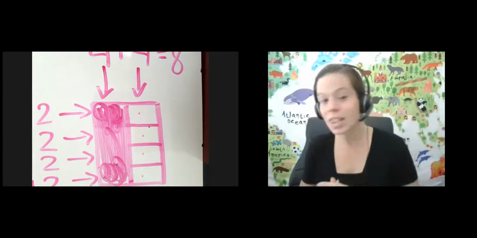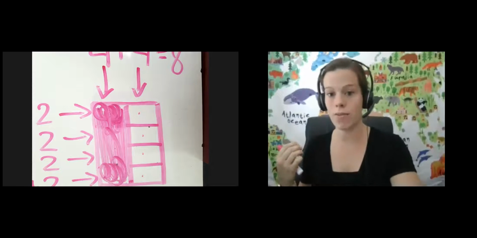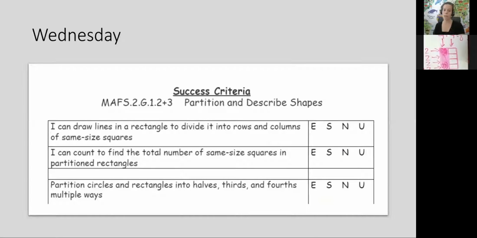Okay, so let's take a look at some things really quickly for our success criteria, all right? When you partition rectangles, you have to be able to do these things. You have to draw those lines like I did to divide it into rows and columns. Now, it does not need to be perfect. Is mine perfect?